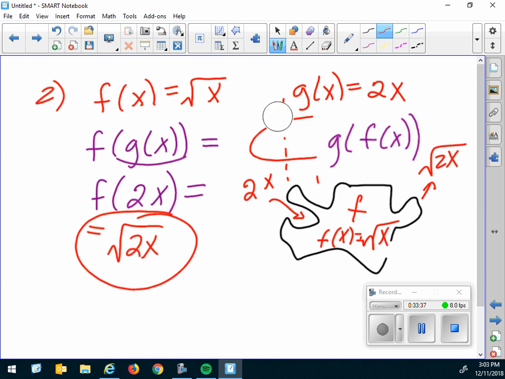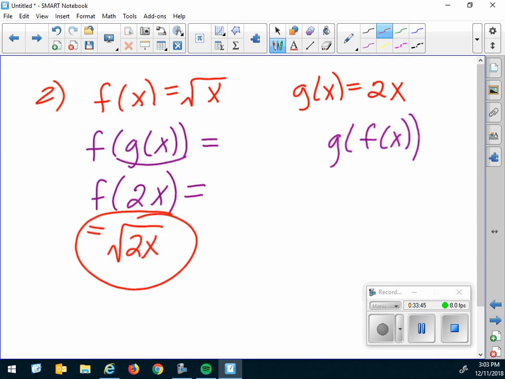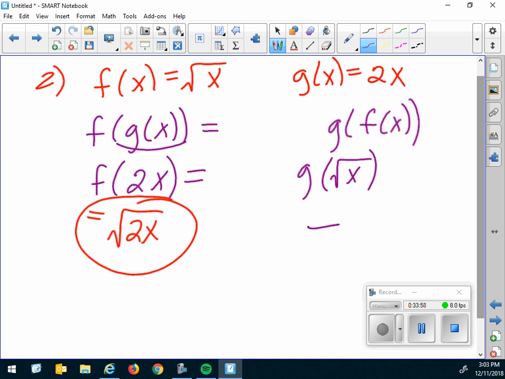Okay. All right. Now, did you do g of f of x? Yes. Oh, was that easier than the first one? Pretty easy. Okay. G of, what's going to go into g? No. What's f of x? So we're going to be Picasso again.